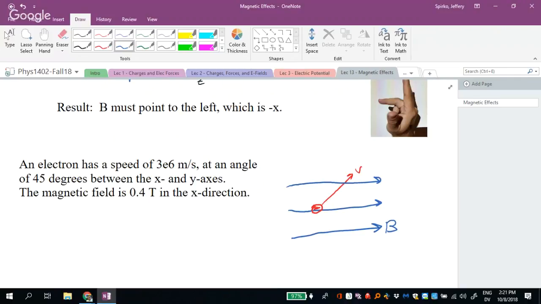Now, here's the second part of this quirk. Index finger up and to the right. I'm not going to take a picture of my finger again. That took too long.